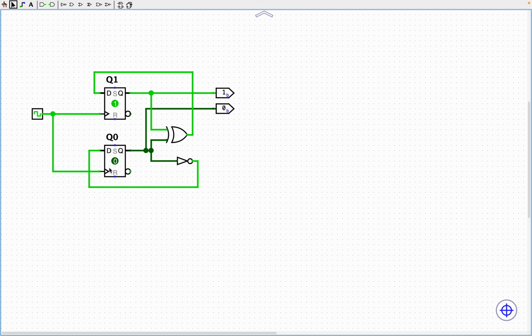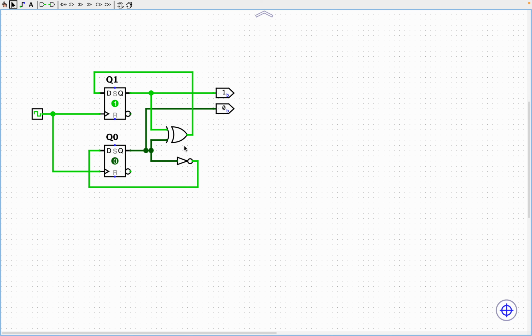And then from there, I connected Q1 and Q0 outputs to the logic gates. So for Q1 output, I wired it to one input of the XOR gate, and then also wired it to an output here.